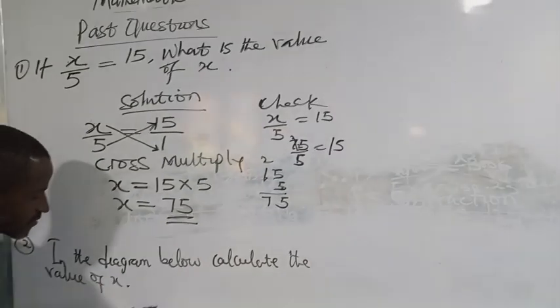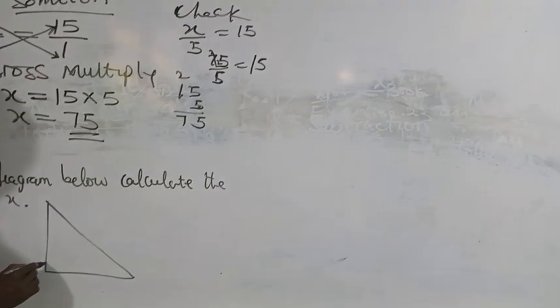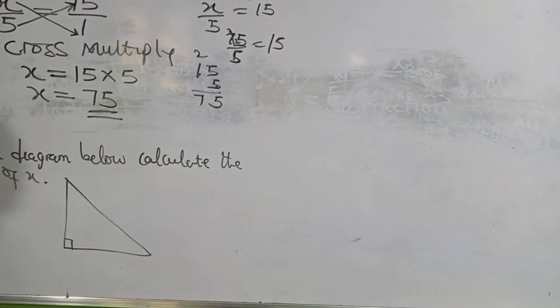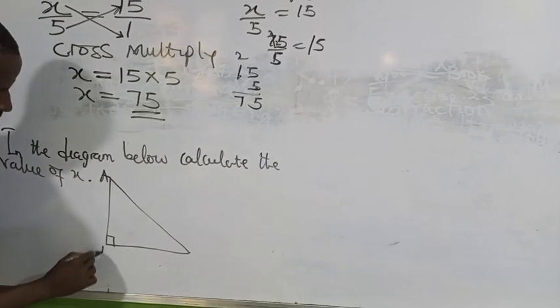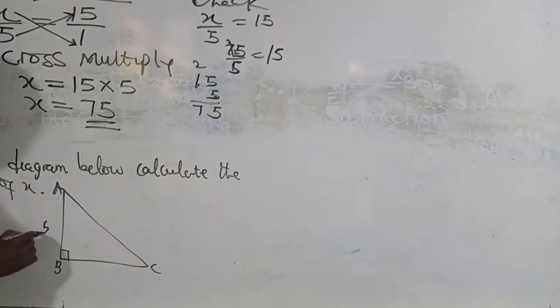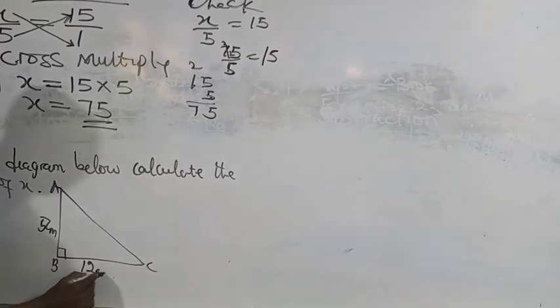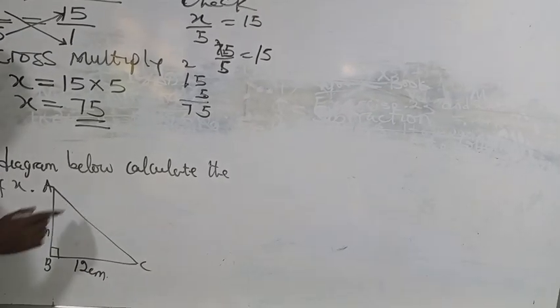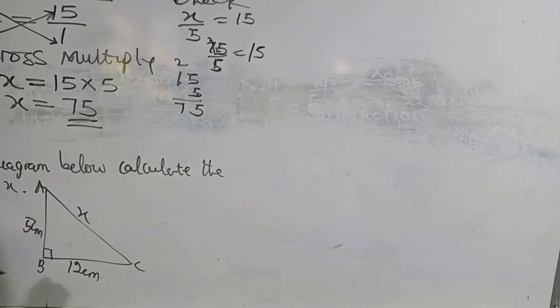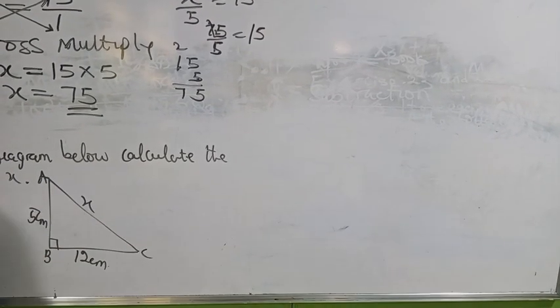Where you have a right angle triangle, A, B, C. Here is 5 centimeter and here is 12 centimeter. And this side you have x. So you are asked to find the value of x.